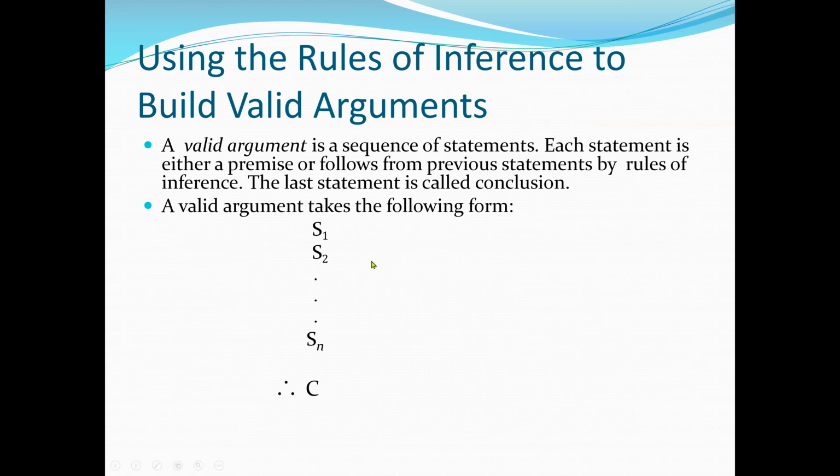We can have S1, S2, again, any amount of propositional logic or any amount of predicates. But at the end, we have our conclusion. So S1 up to Sn will be our premises, then C will be our conclusion.